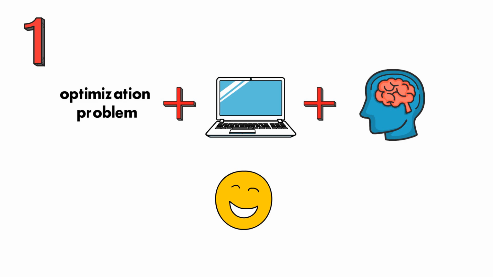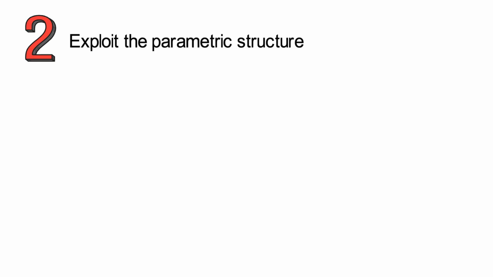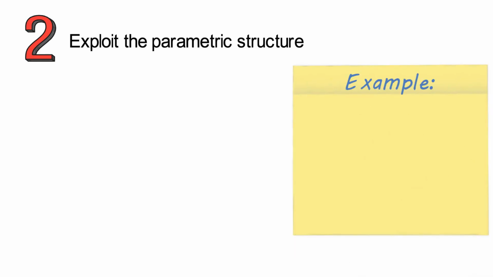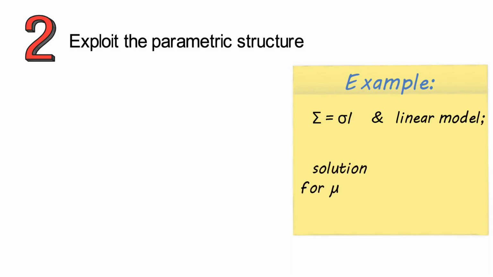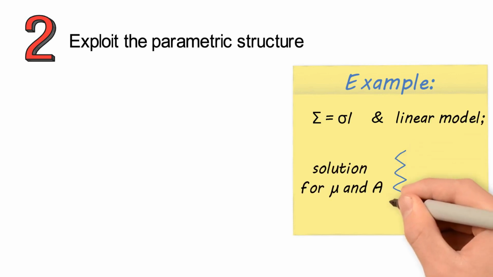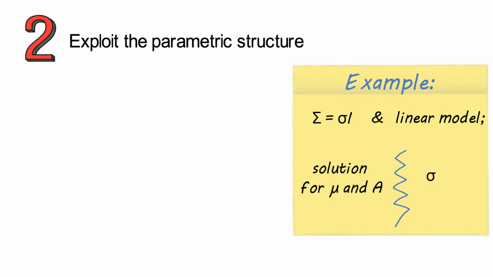Therefore, second, I advise you to help the numerical routine by exploiting as much of the parametric structure as you can. For example, if the covariance matrix sigma was equal to the scalar sigma times the identity matrix, and if you have a linear model, then the solution for mu and A can be separated from finding the scalar sigma.